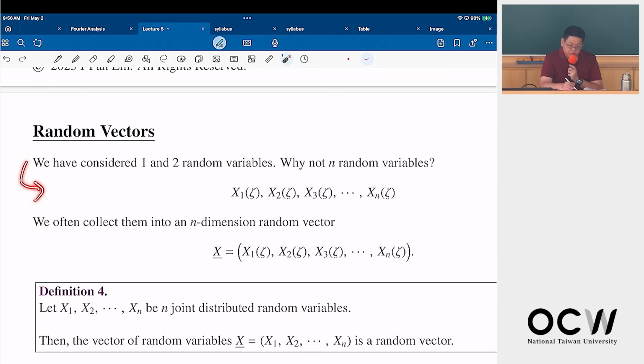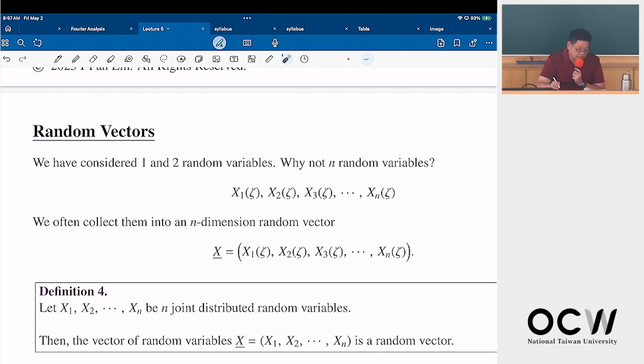So for the random vector, this is the idea. We just considered one random variable and also two random variables. Then why not 3 or 4 or even n random variables? If I have n random variables, x1, x2, x3, up to xn, we can collect these together to have an n-dimensional random variable, x underscore. This is the vector.